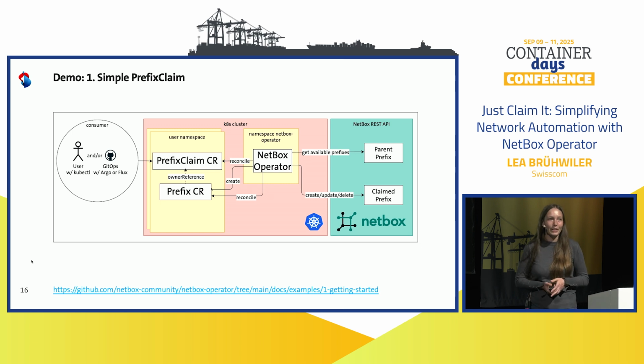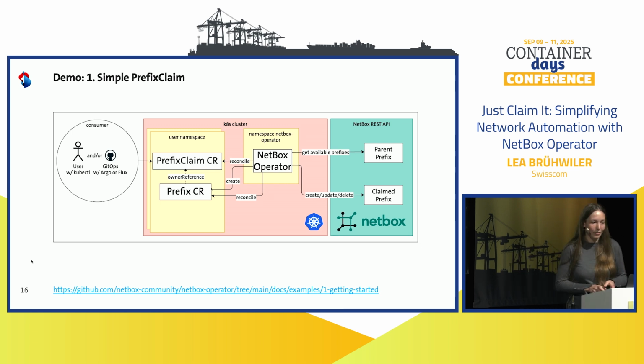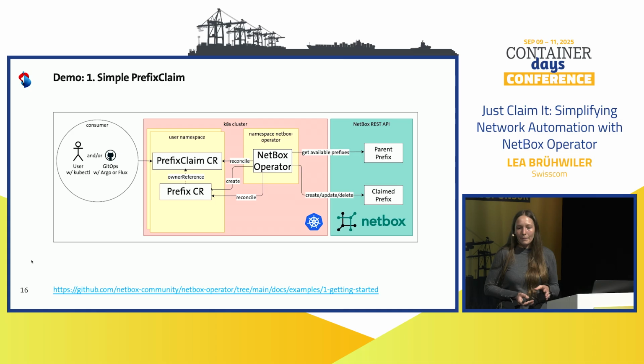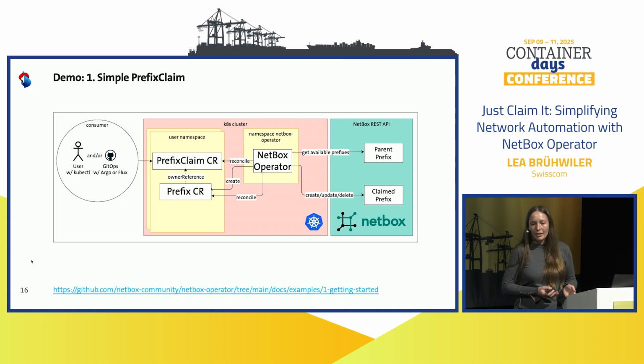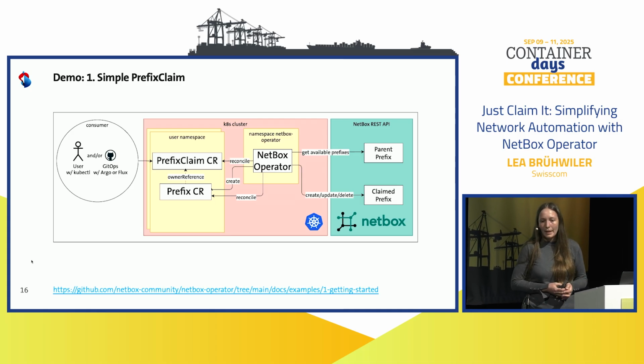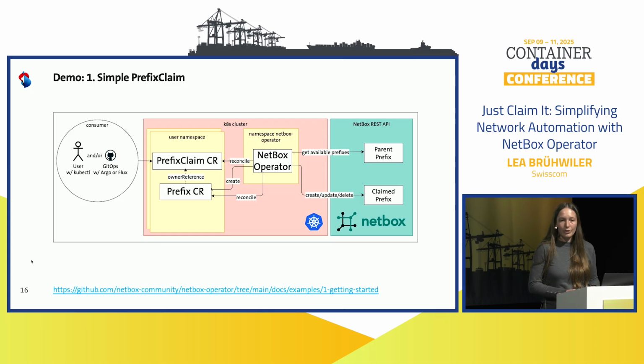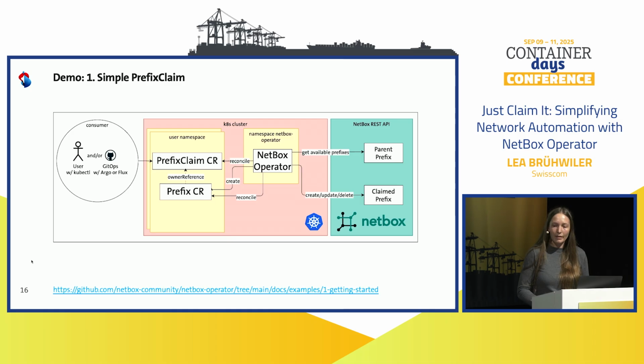So that was enough from the theory, and I will start with a demo now. So I have a local kind cluster deployed on my computer, and it already has NetBox Operator installed on it. And the NetBox Operator on my kind cluster has a NetBox instance it points to.